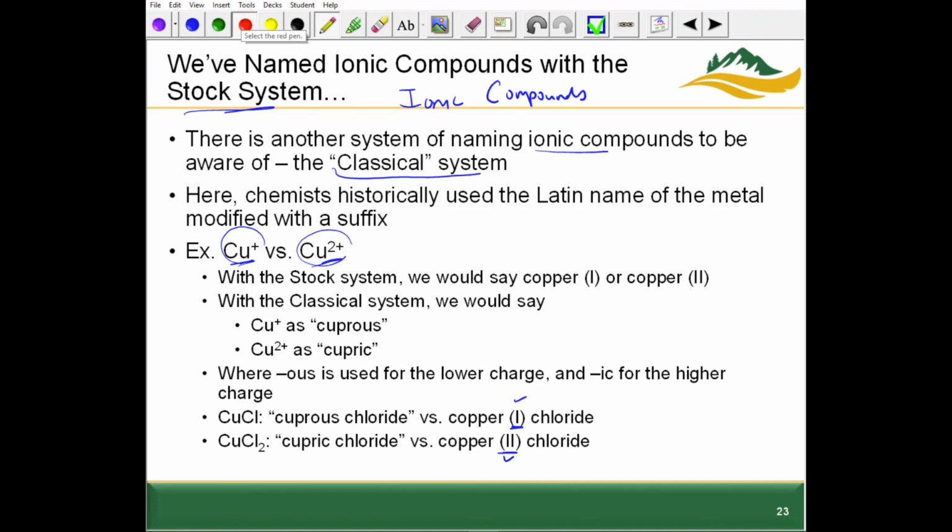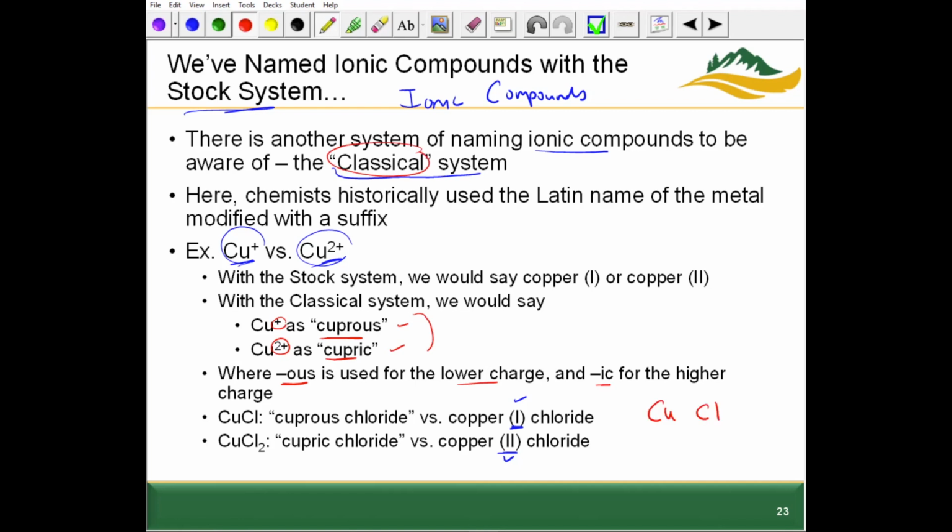Something to just be aware of is that copper plus 1 can also be named cuprous. Copper 2 plus can be named cupric. Where this other pattern has evolved, where the ending in OUS is for the ion with the lower charge, the ending of IC is for the ion with the higher charge. This isn't used as commonly now, but this is called the classical system.